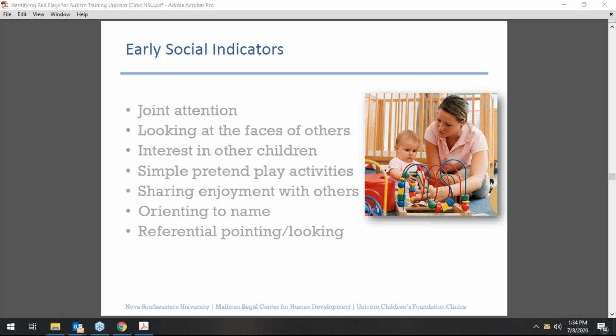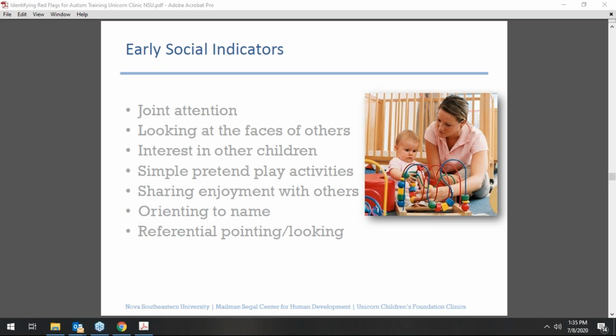Maybe on the playground, they're playing with items like rocks or leaves. Simple pretend play activities may also be limited. Oftentimes you see children imitate what their parents are doing, like cooking or shaving or cleaning. You might not see those pretend play activities as much. And like I mentioned before, sharing enjoyment with others may also be limited.